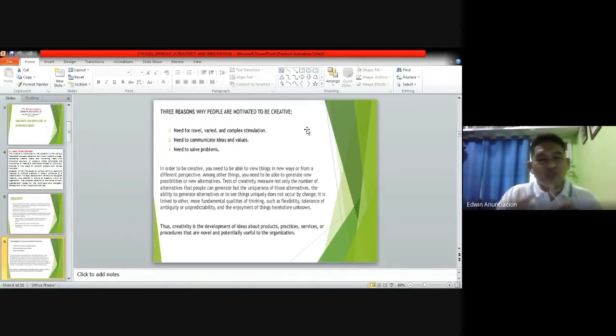Kasi if you try to view things just with the same things that we are experiencing right now, or even the traditional ways or means, then definitely you will be just coming up with the same output kung yung traditional ang tinitignan mo.